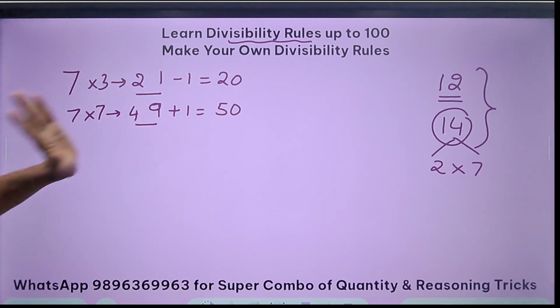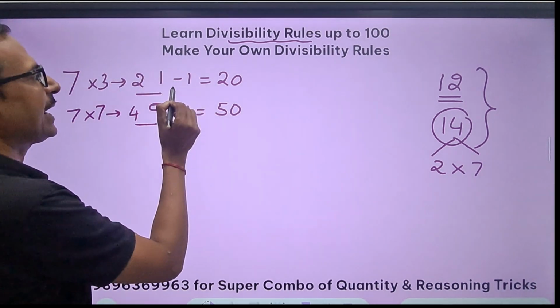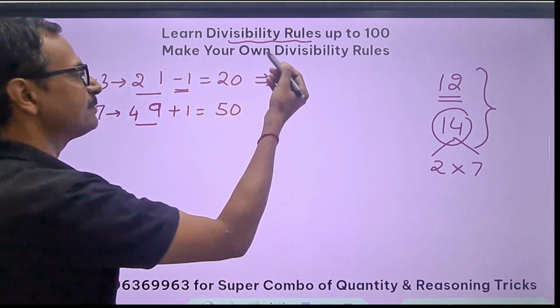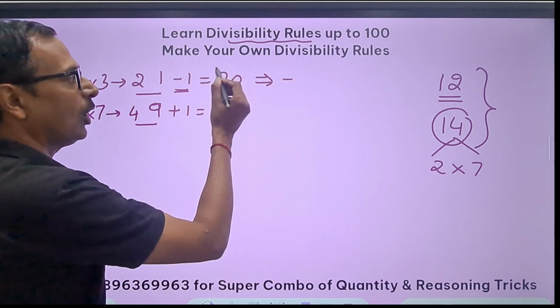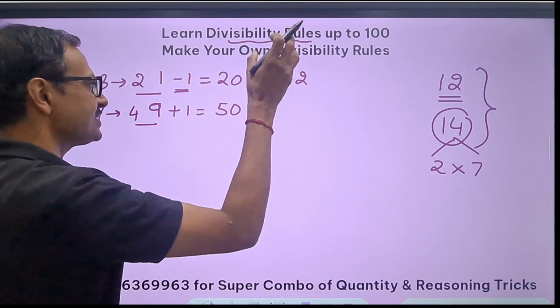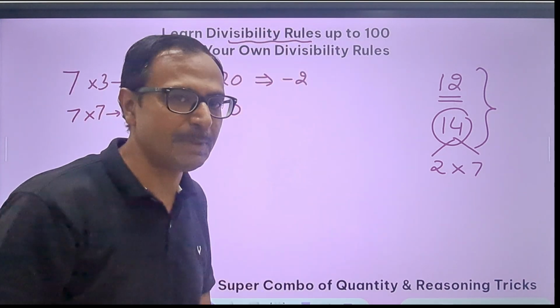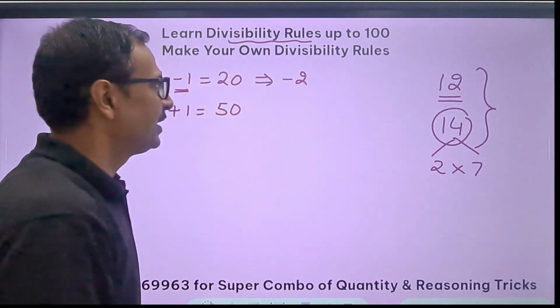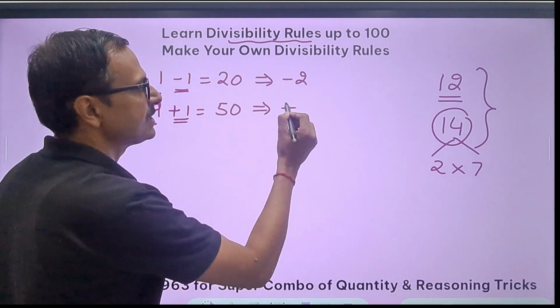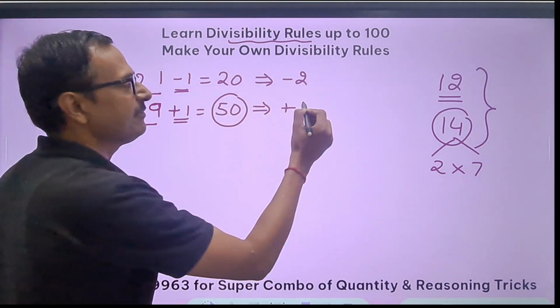Now this is the first step. I subtracted 1, so that means minus, and how many tens are there? 2 tens. So this is minus 2, which is given a special name in divisibility rules. I'll tell you later. Similarly here I added 1, so plus, and how many tens? 5 tens.